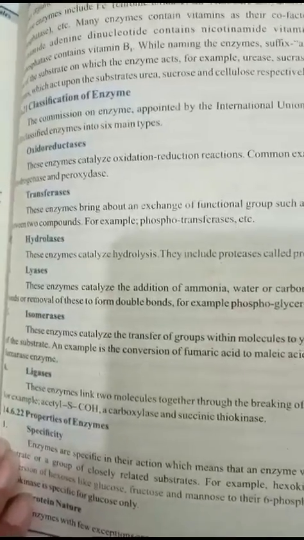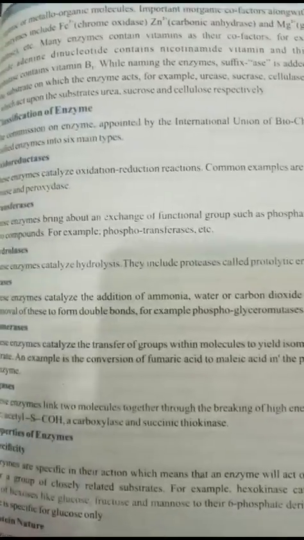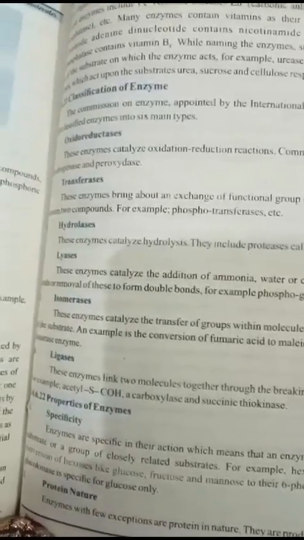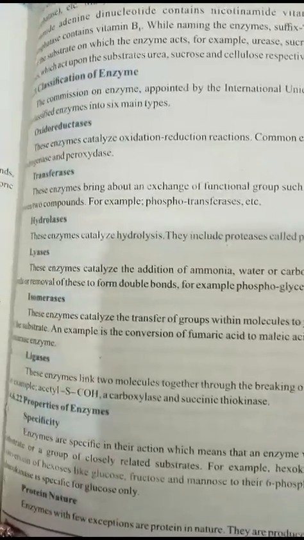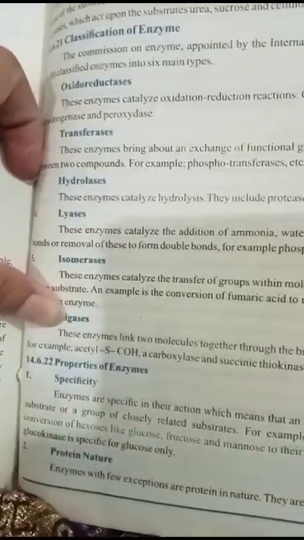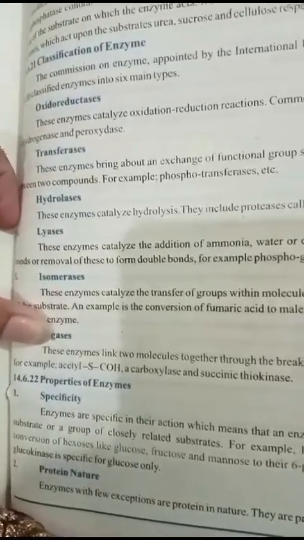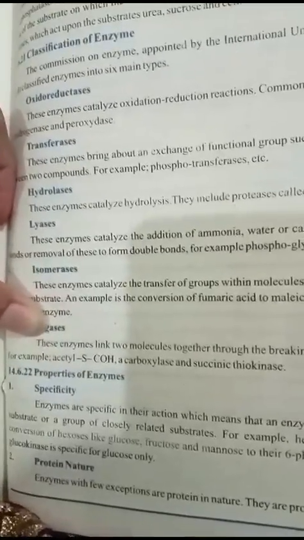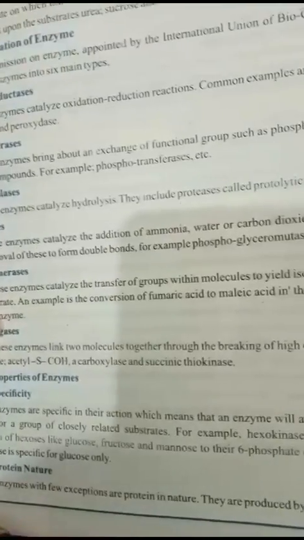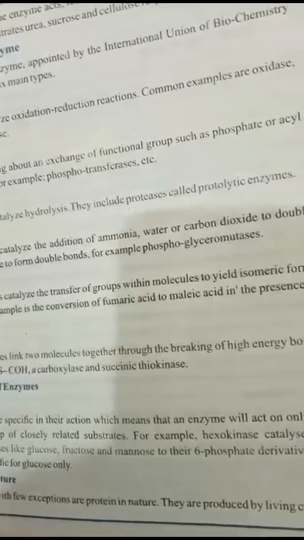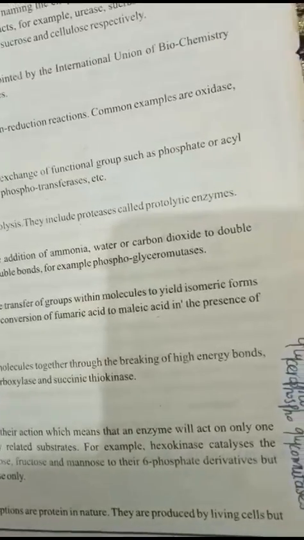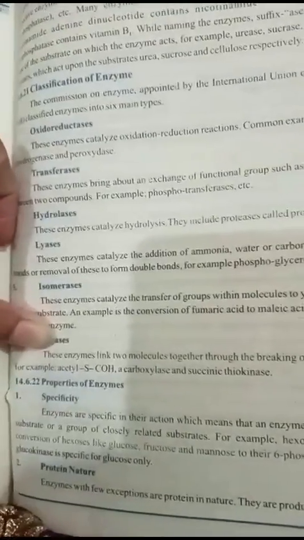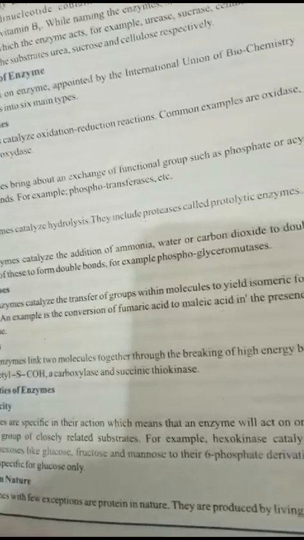Properties of enzymes. So we have discussed enzymes and the classification of enzymes. Further, I am going to discuss the properties of enzymes. Number 1, we have specificity. Enzymes are specific in their action or function, which means that an enzyme will act on only one substrate or a group of closely related substrates.